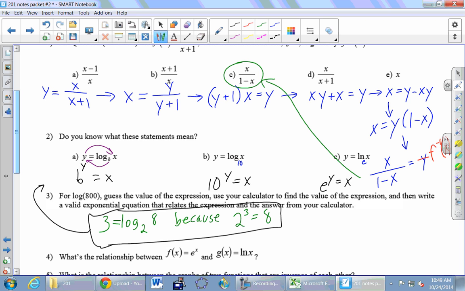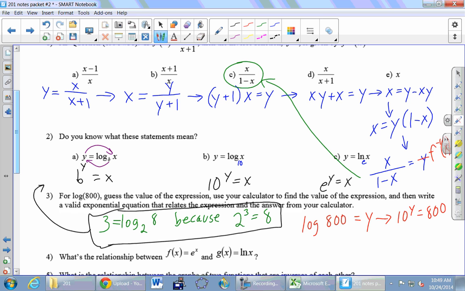So log of 800, we're going to type it on the calculator, but first I just want to test our intuition and understanding of what that means. So log of 800, let's just give it a name here. I'm just going to call it y. And again, what's the implied base? It's 10, and so then the corresponding equation here is what to the what? 10 to the y equals 800.